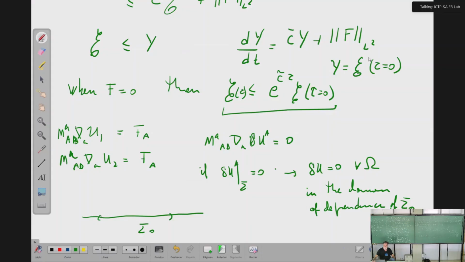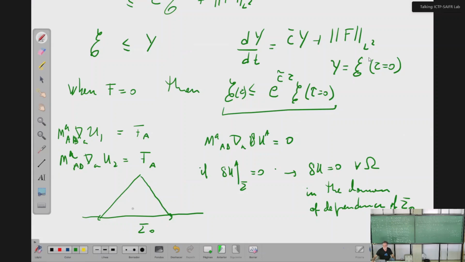And I take two solutions of the same equation with the same initial data, then the solutions coincide in some region like this. Doesn't have to be like that.